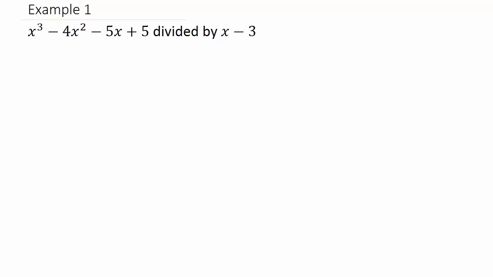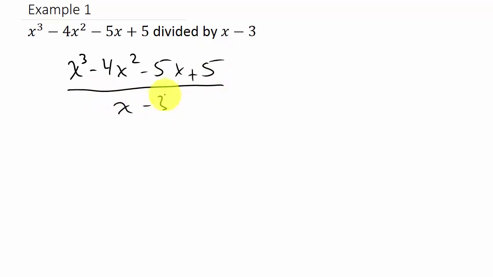Another way that they might have the problem written is x cubed minus 4x squared minus 5x plus 5 all over x minus 3. This right here and this means the same thing. So let's go ahead and divide this using synthetic division.